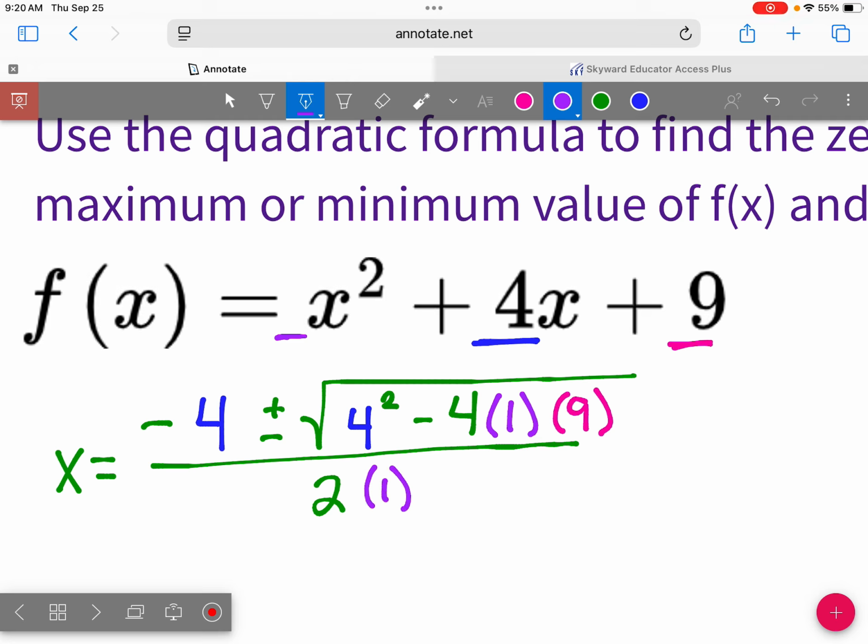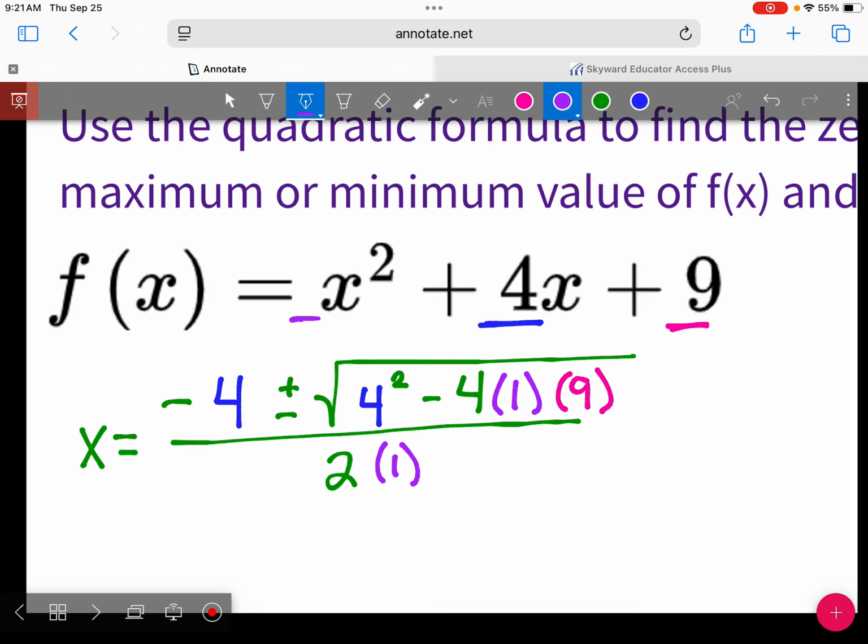I do highly recommend filling in the values before you start trying to simplify stuff. It is very, very easy to get things mixed up, especially when you are simplifying at the same time as when you're filling things in. It's very easy to get them confuddled. So be really, really careful and be very, very intentional with which pieces we put in which spots.